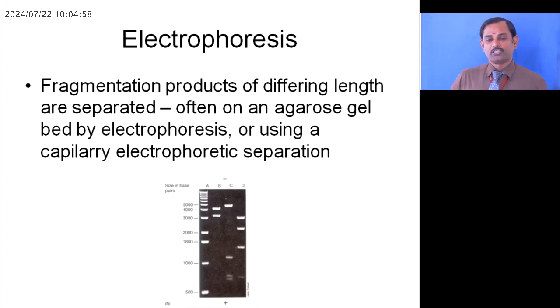Finally, once the entire PCR cycle is over, we need to check whether our DNA, the particular gene we have targeted, is amplified successfully or not. We need to run electrophoresis. Electrophoresis is the technique by which we can understand the result of PCR. When you run the electrophoresis along with the PCR product, you have to run a DNA ladder.